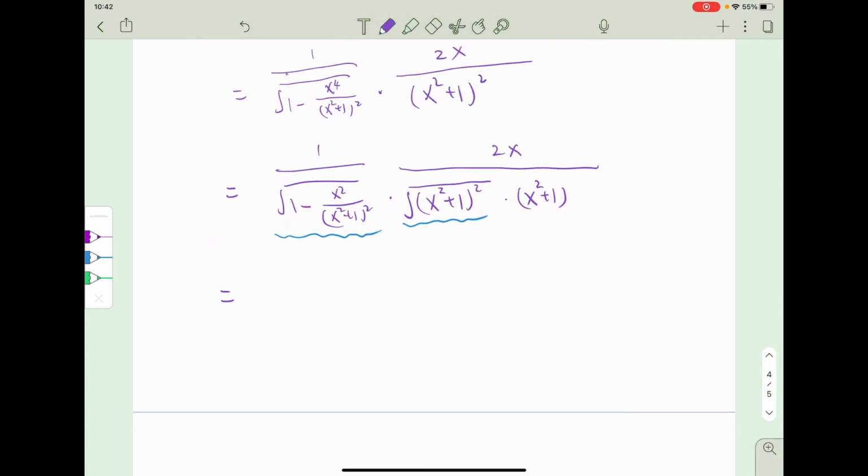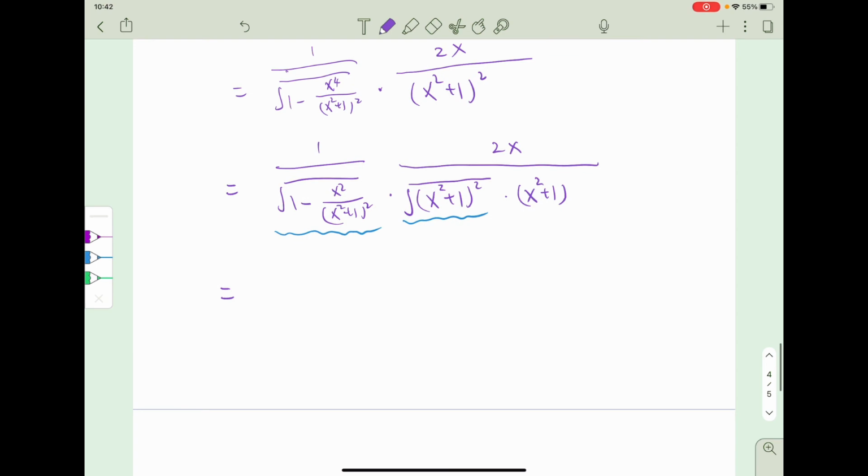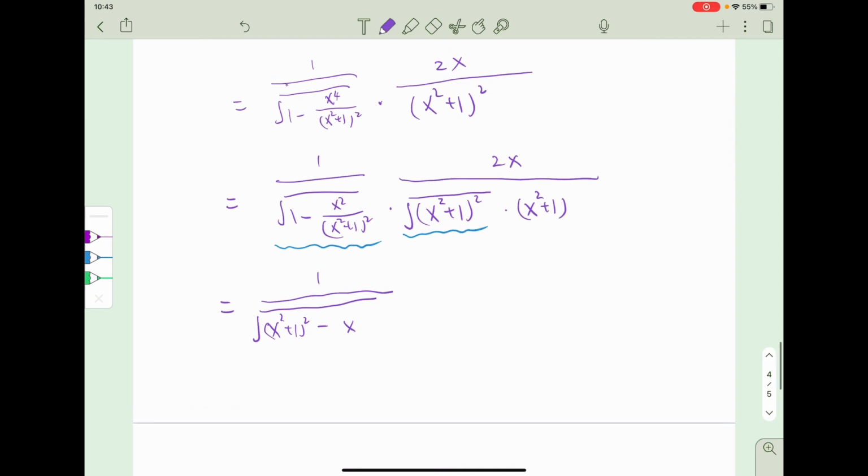So if you multiply these two, you see that this becomes 1 over x squared plus 1 bracket squared minus x to the 4, times 2x over x squared plus 1.